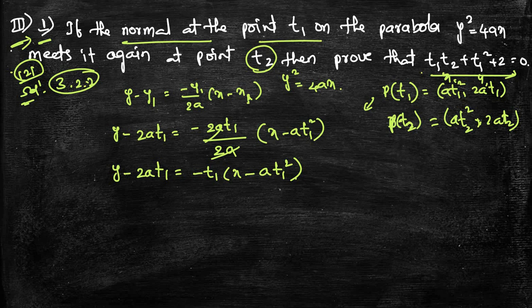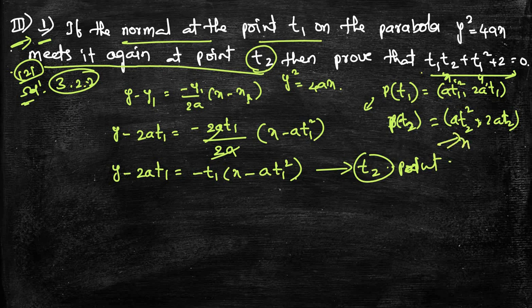And again it says that the normal meets the parabola again at the point t2. So we substitute the point t2 values in this one, x comma y. It becomes 2a t2 minus 2a t1 is equal to minus t1 into, here x is a t2 square minus a t1 square.